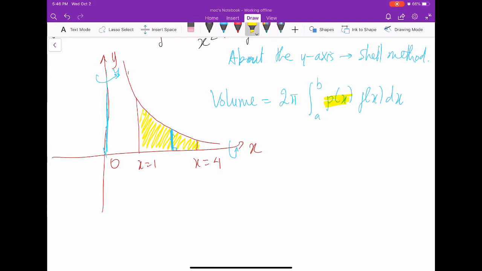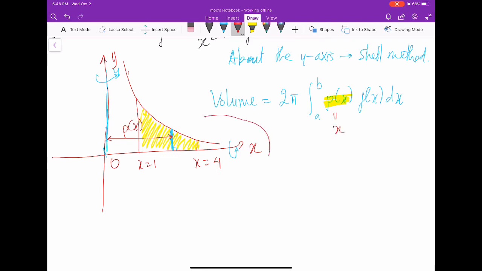Actually, p(x) is the radius, because when you do the shell method, you need to find the radius from that point to the axis of rotation, and this is your p(x). But when you rotate about the y-axis, the radius is always equal to x. The radius might be different when you rotate about another axis, okay? So in this situation, p(x) is just x.